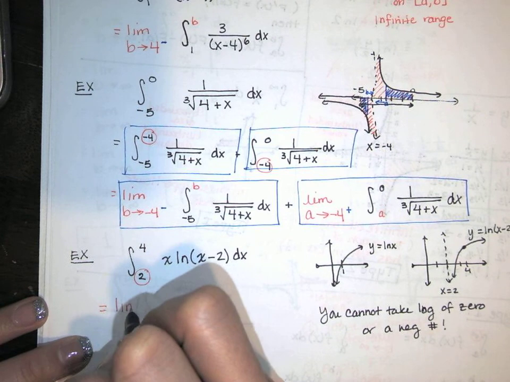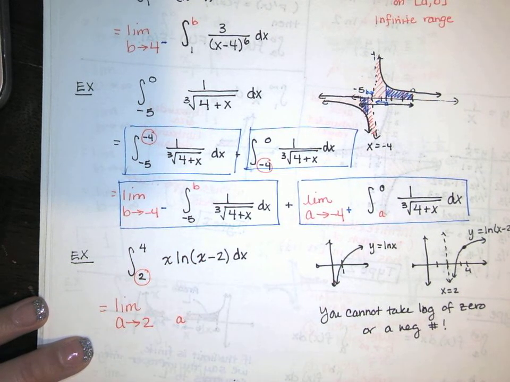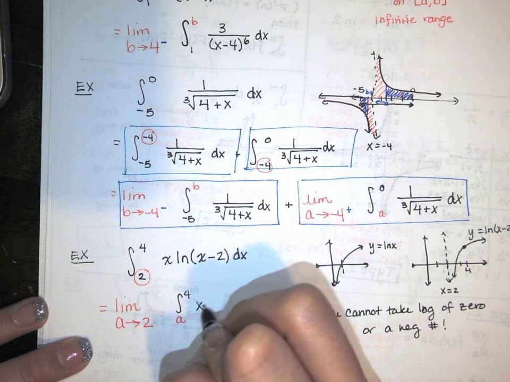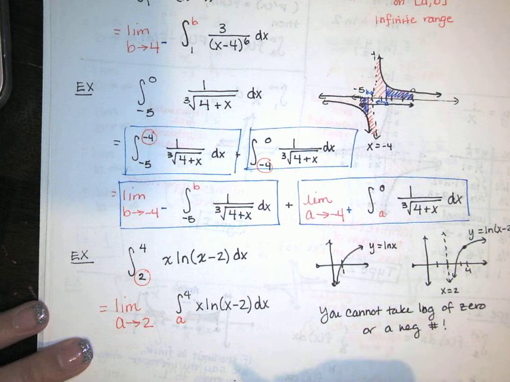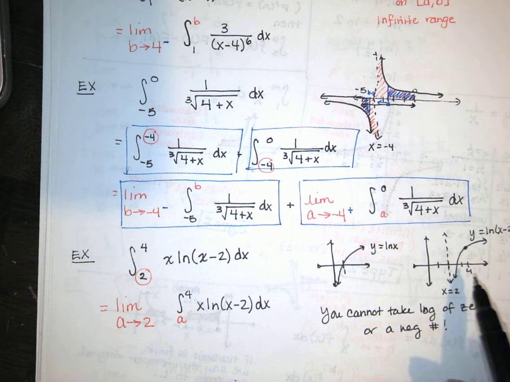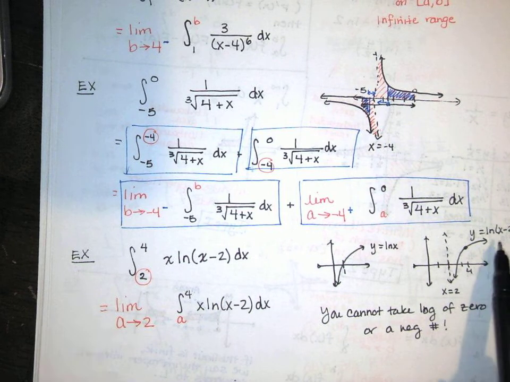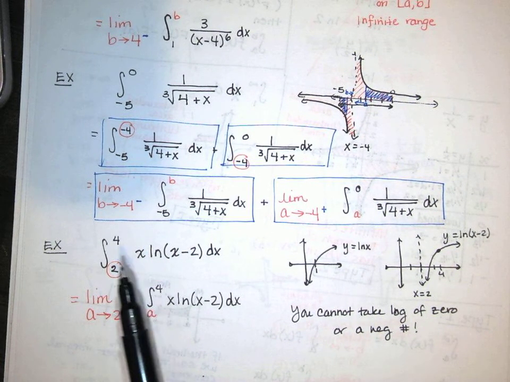So that's my lower bound. So I'm going to let a approach 2. Replace my lower bound with a. Leave everything else the same. And then say, okay, well, I don't know exactly what this looks like. I don't know what x natural log of x minus 2, that function looks like. I know what the log function looks like without the x, but I don't know how multiplying by x modifies it.